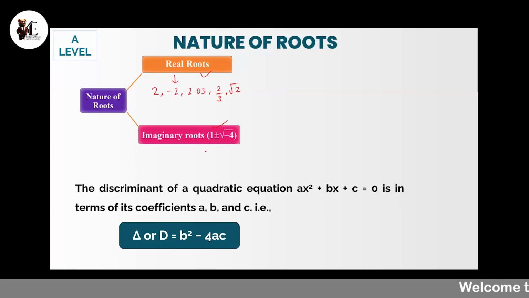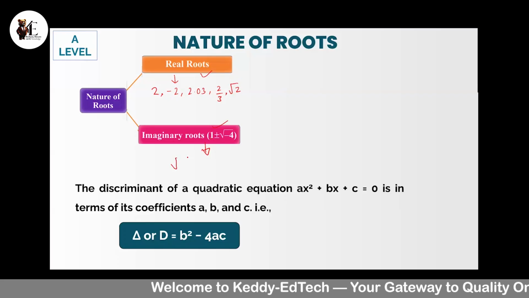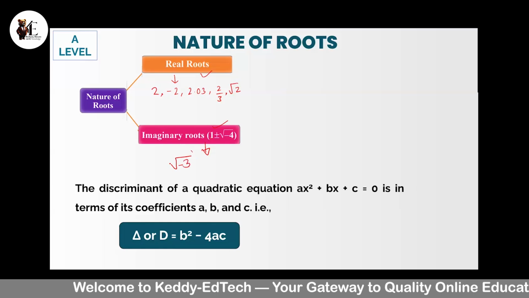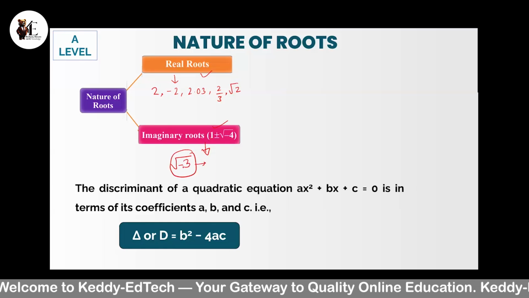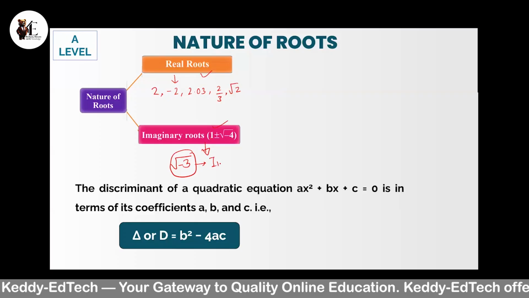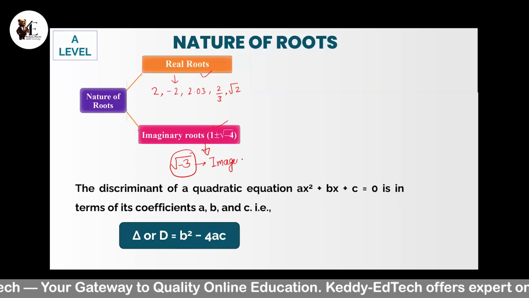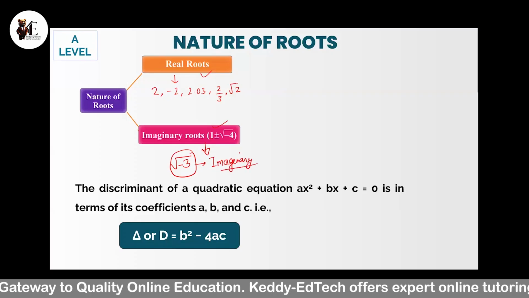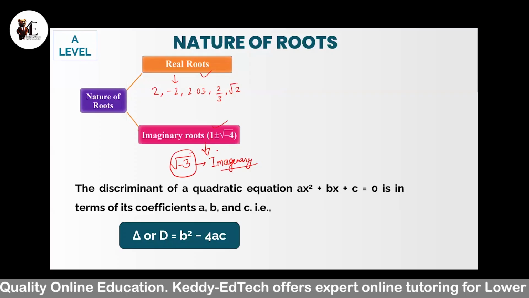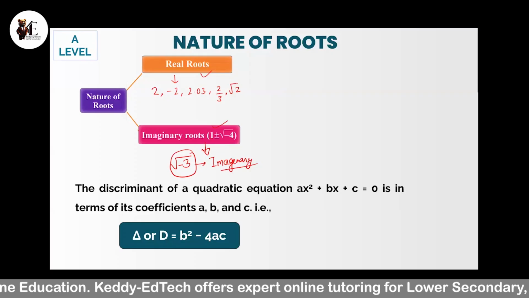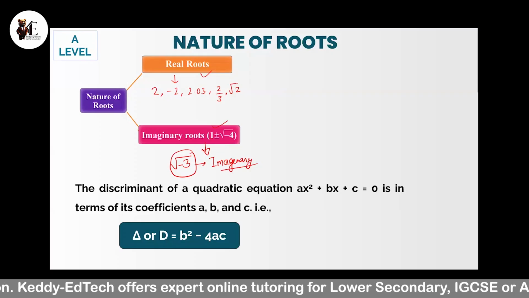But imaginary roots, such numbers doesn't exist in mathematics, that's why they are named imaginary roots. Whenever there is a negative number placed in the square root, such numbers are known as imaginary roots. So just remember, if there is a negative term present in the square root, that will be imaginary, and any other type of number will be real.